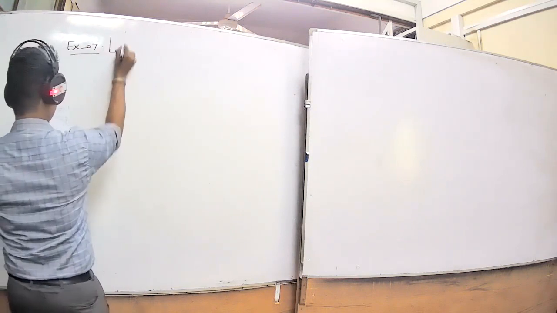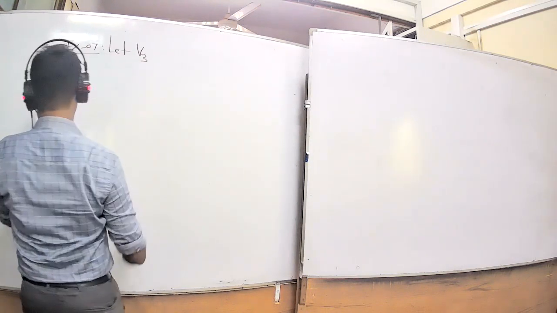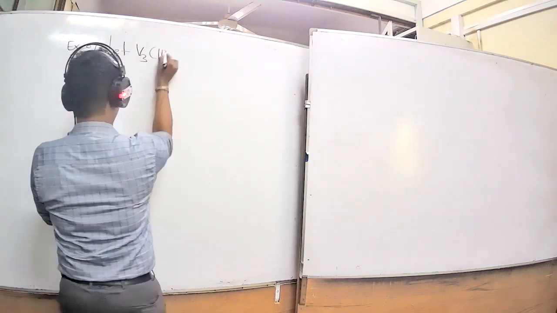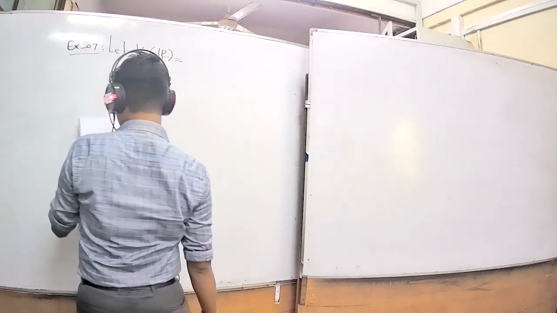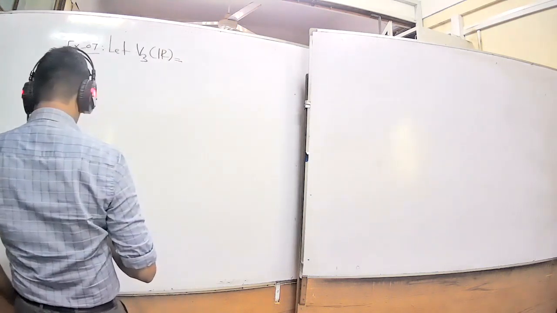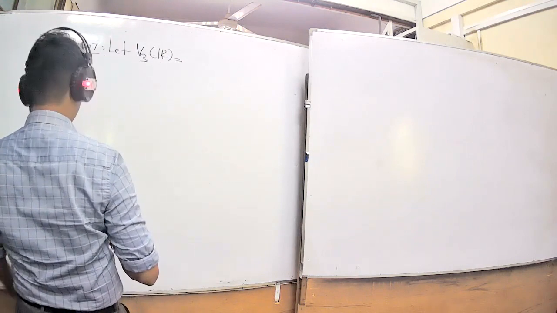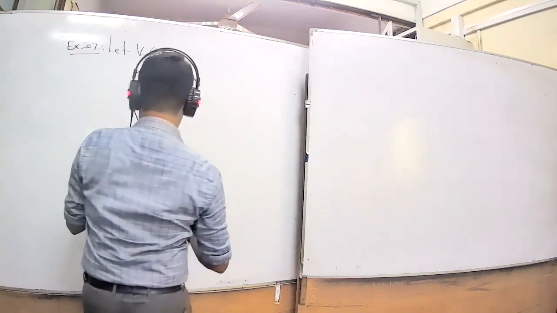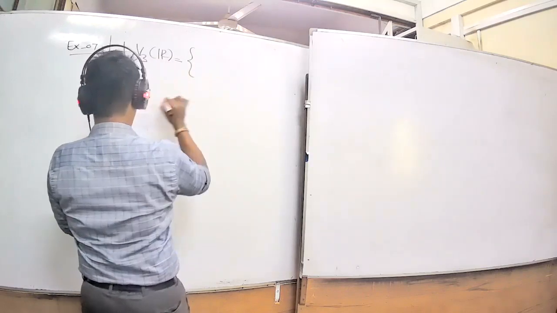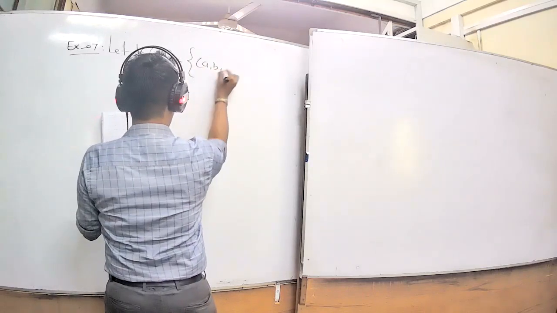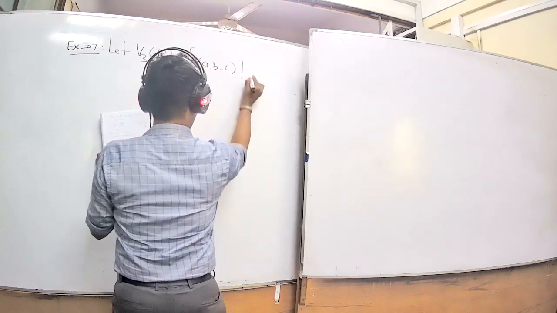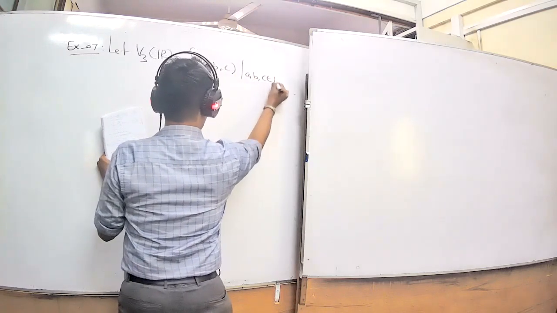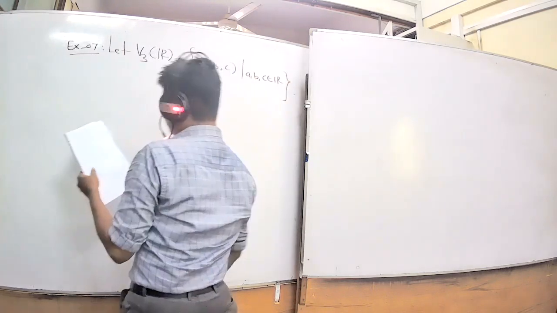Let V3 of real numbers be, it's a notation, okay? Triples A comma B comma C, where A, B, C belong to real numbers.